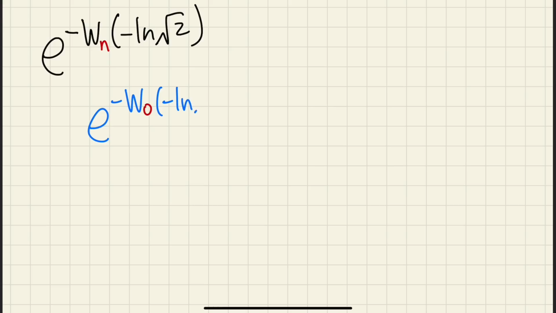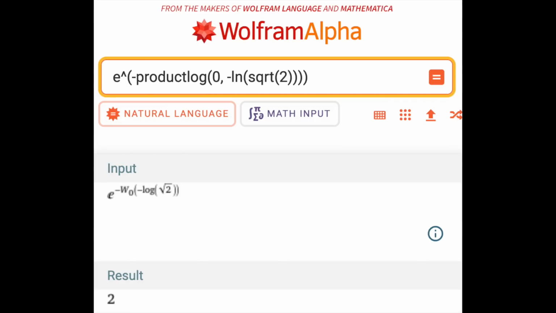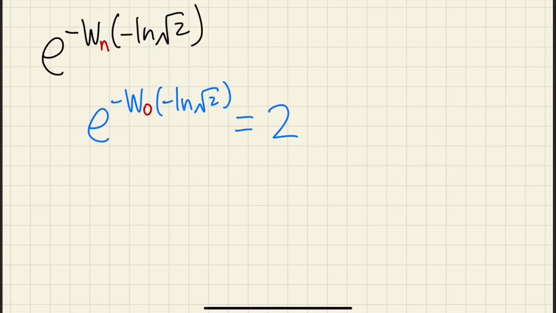That's like the first answer. If you enter that on WolframAlpha, this will give you the 2. Earlier, when you didn't enter any number, by default, it gives you the principal branch value.